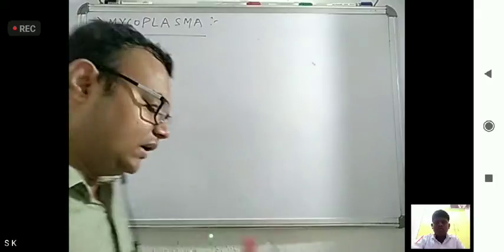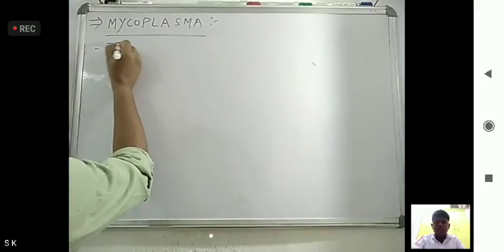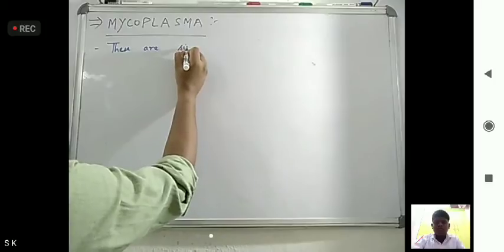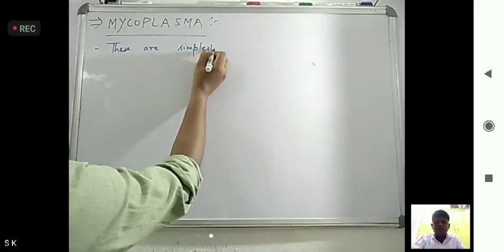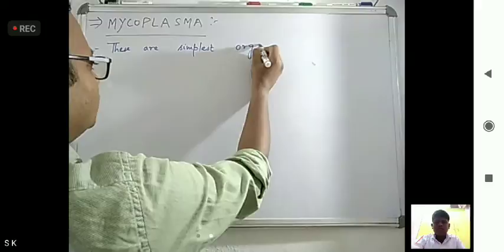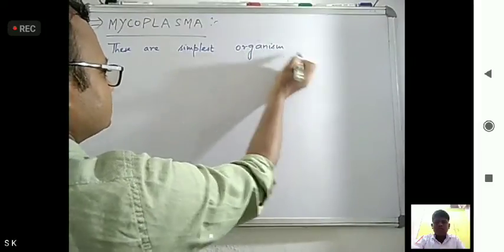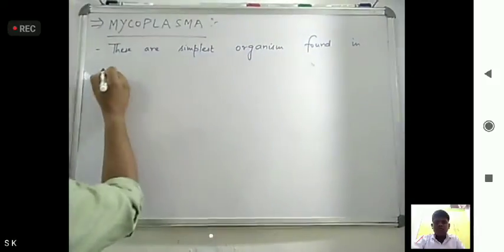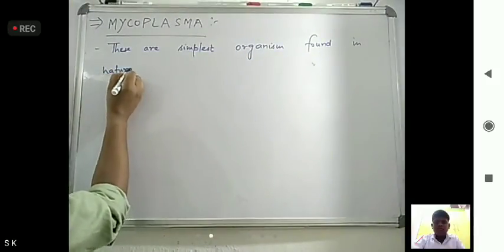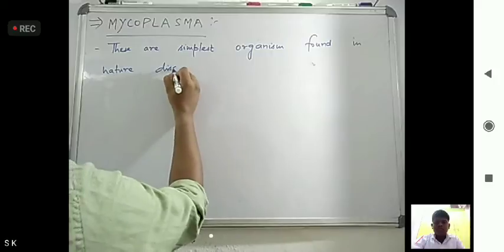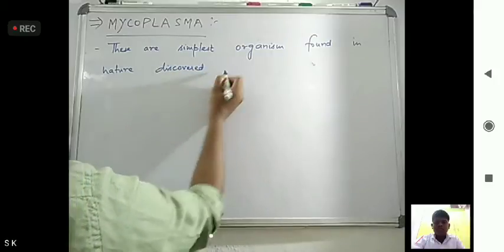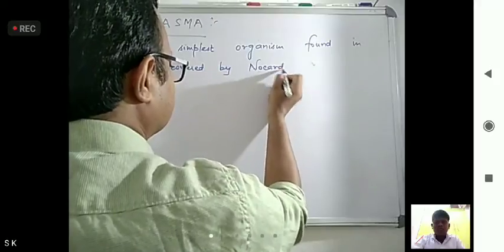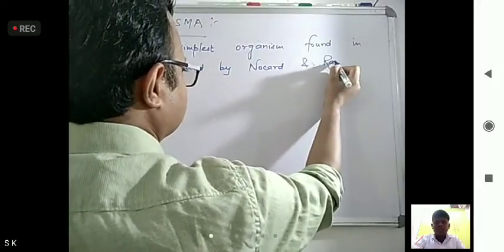One scientist is there. So these are the simplest organisms found in nature, discovered by Nocard and Roux.